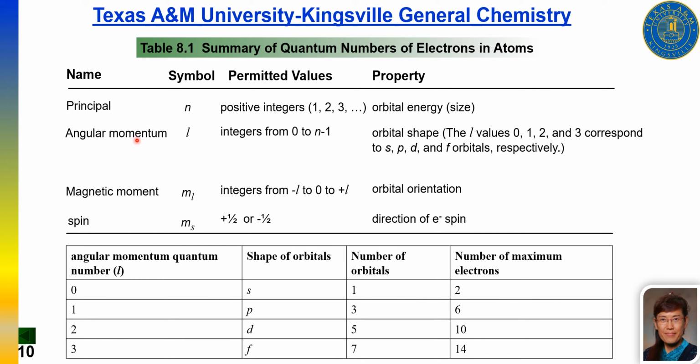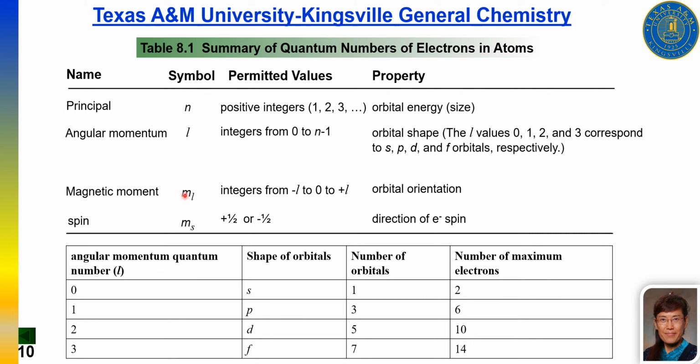Second one called angular momentum quantum number L is also an integer ranging from 0 to n-1. This one represents the orbital shape. If your L is 0, 1, 2, 3, corresponding to S, P, D, F orbitals.